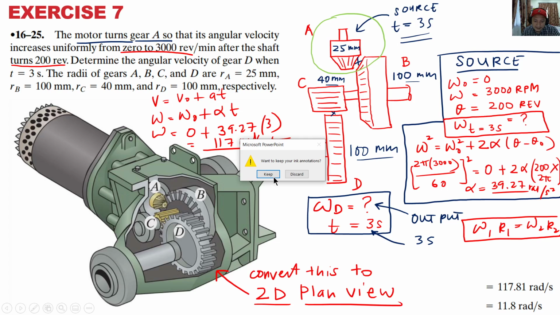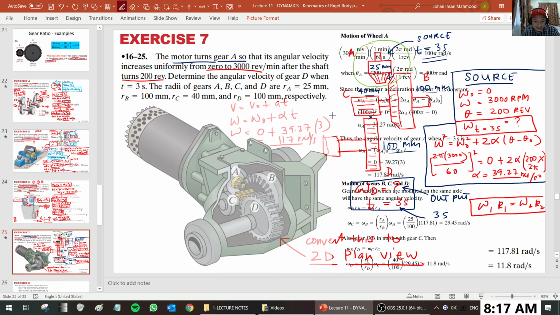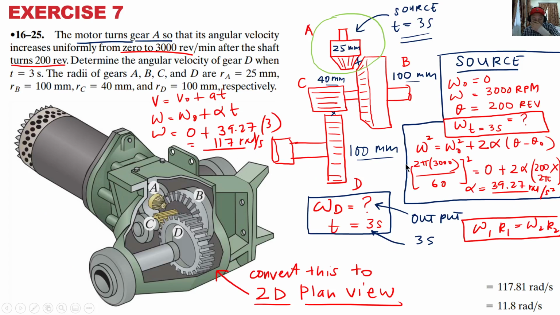I suppose I have to make this smaller, bigger, smaller. How do I make more space? I want to jump this one. Omega here you know already, 117.8 actually, radian per second. So you have to jump.